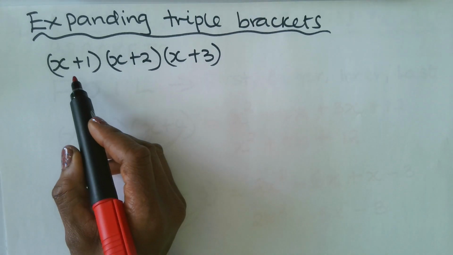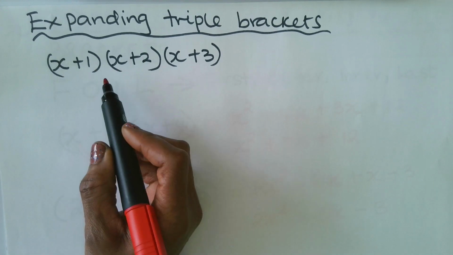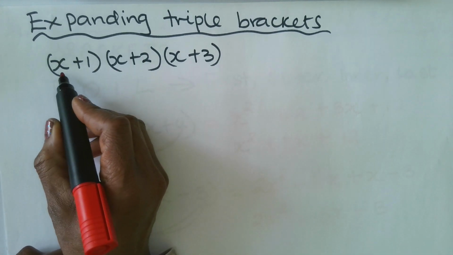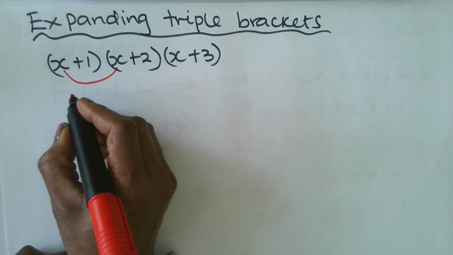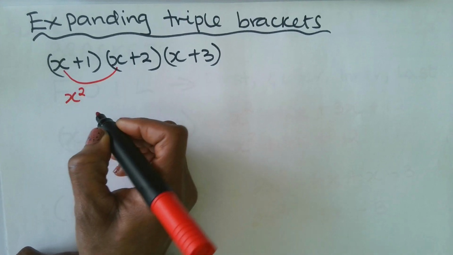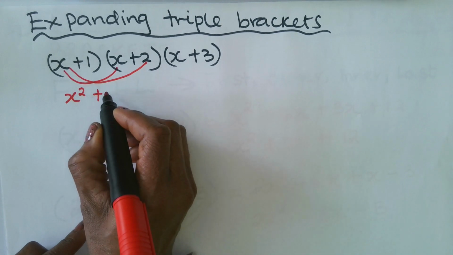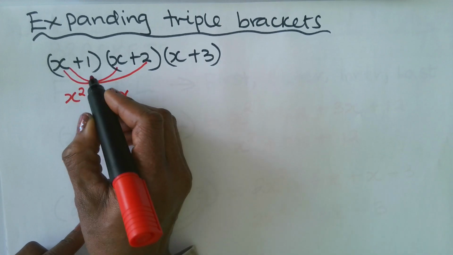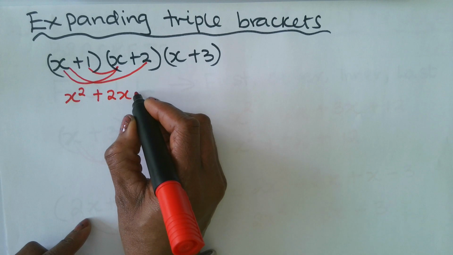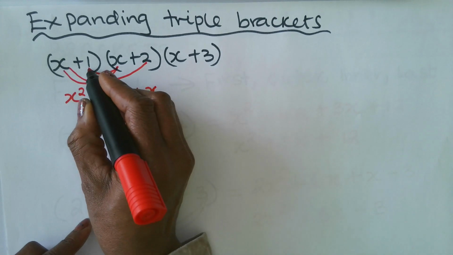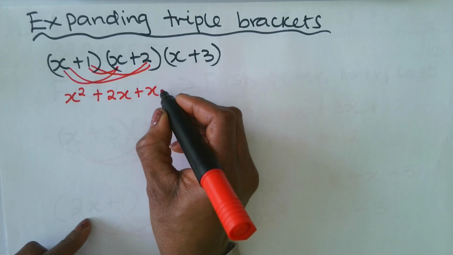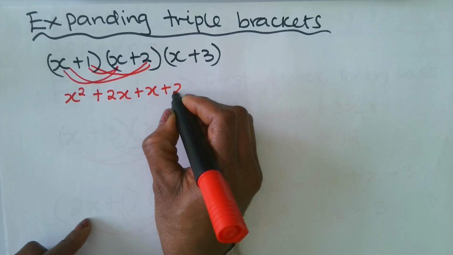So I'm going to start with the first 2 brackets. x times x is going to give me x squared, x times 2 is plus 2x, x times 1 is plus x, 1 times 2 is plus 2.